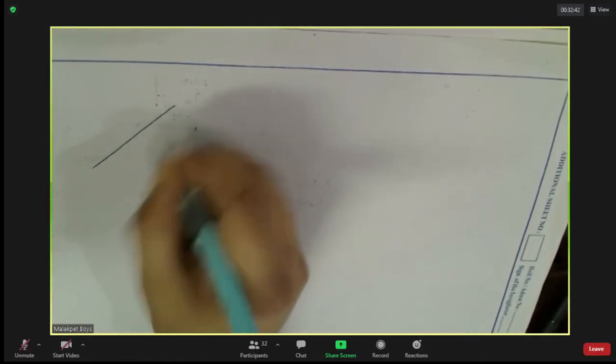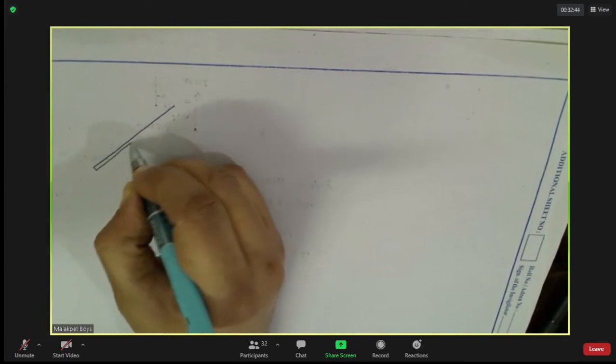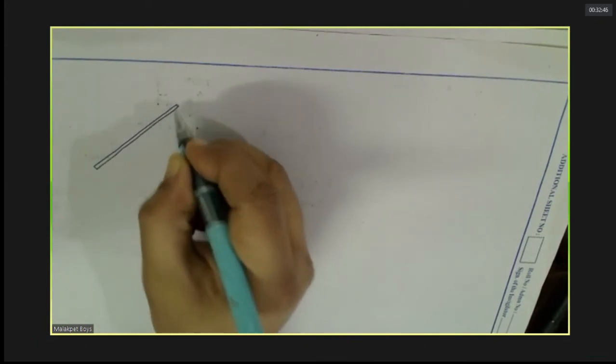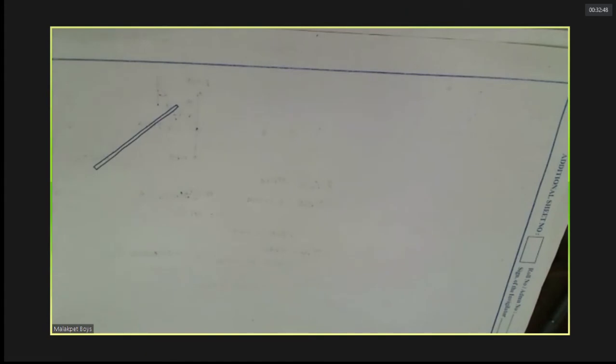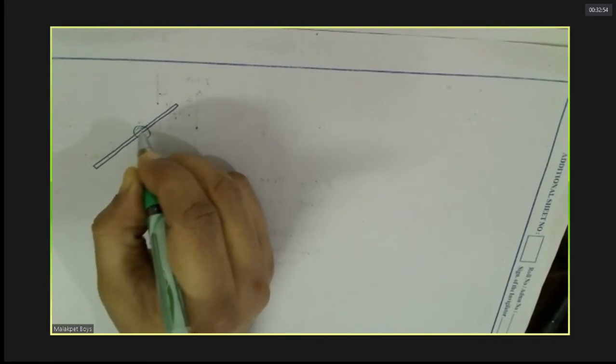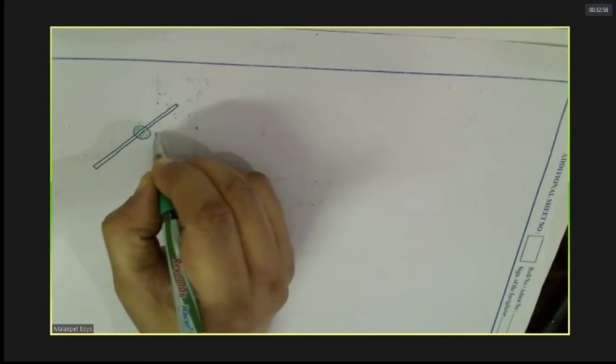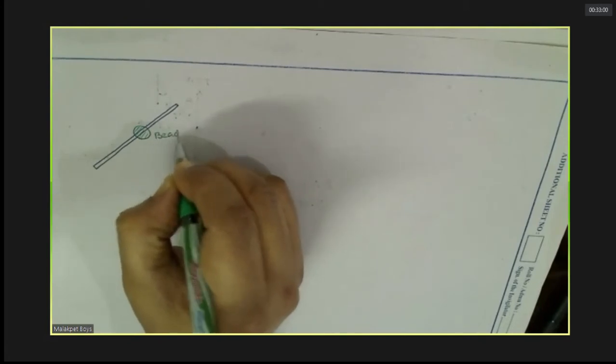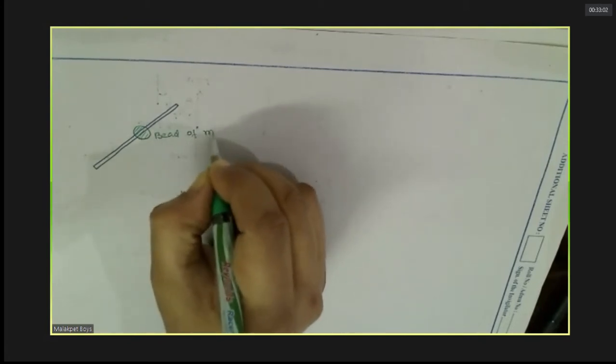Let us see another question. So this is a rod. There is one bead on this. Okay. This is alpha.